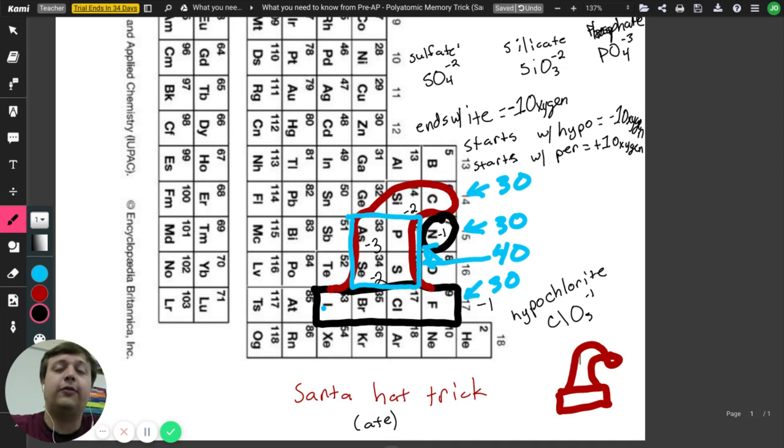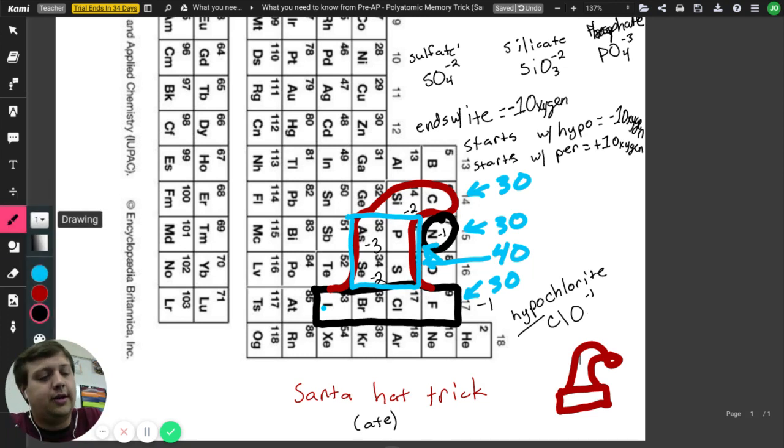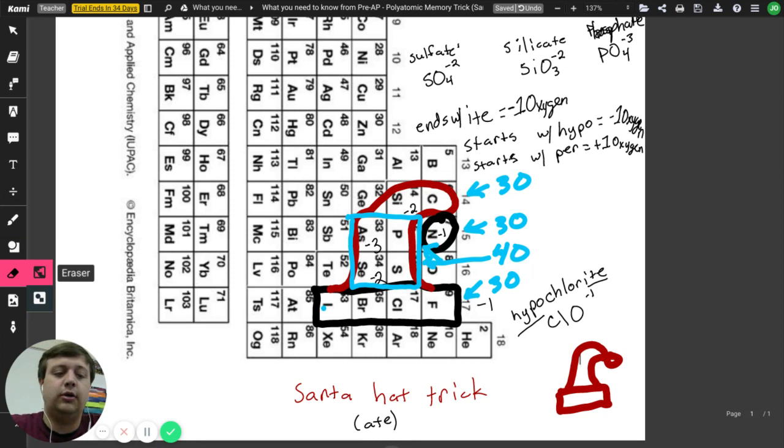But this would be for chlorate. I need to look back and see, if I start with hypo, I subtract 1 oxygen. So instead of 3, I'm going to have 2. But that's not it. It also ends with ite. Again, if I end with ite, I subtract 1 oxygen. So hypochlorite is ClO with a -1 charge.